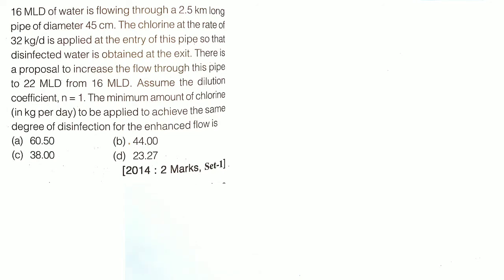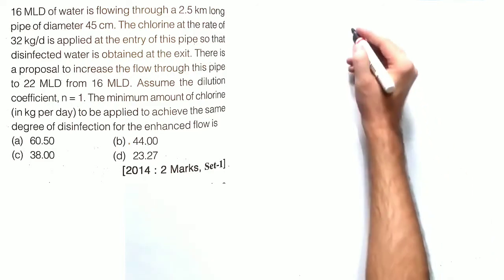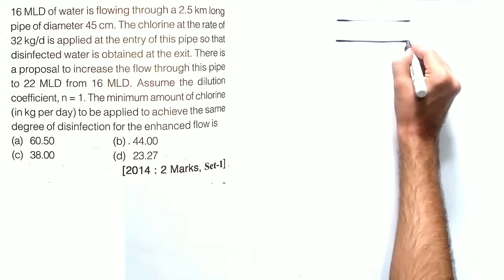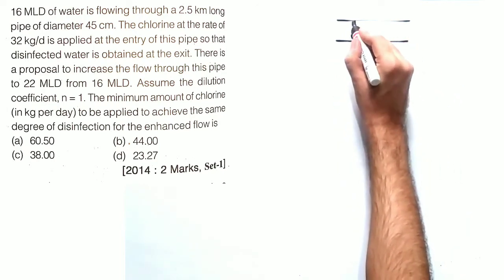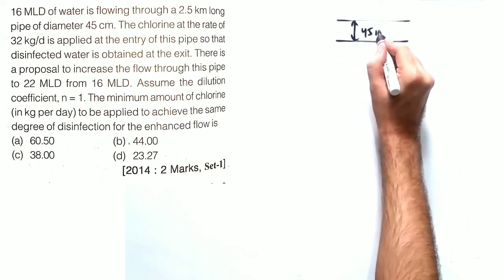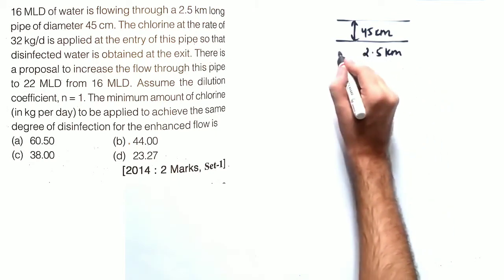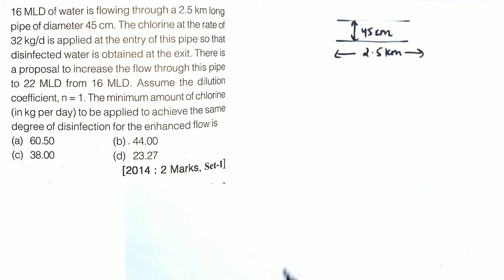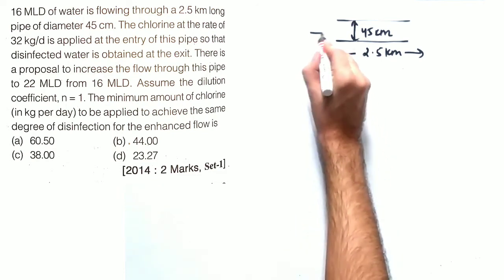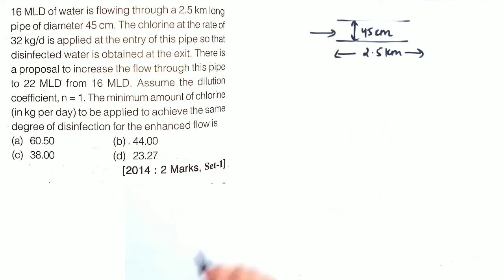So the next question says that 16 MLD of water is flowing through a 2.5 kilometer long pipe and the diameter is given. There is one pipe, the diameter of the pipe is 45 centimeter and the length of the pipe is 2.5 kilometers. Initially there is a discharge in the pipe, Q1.